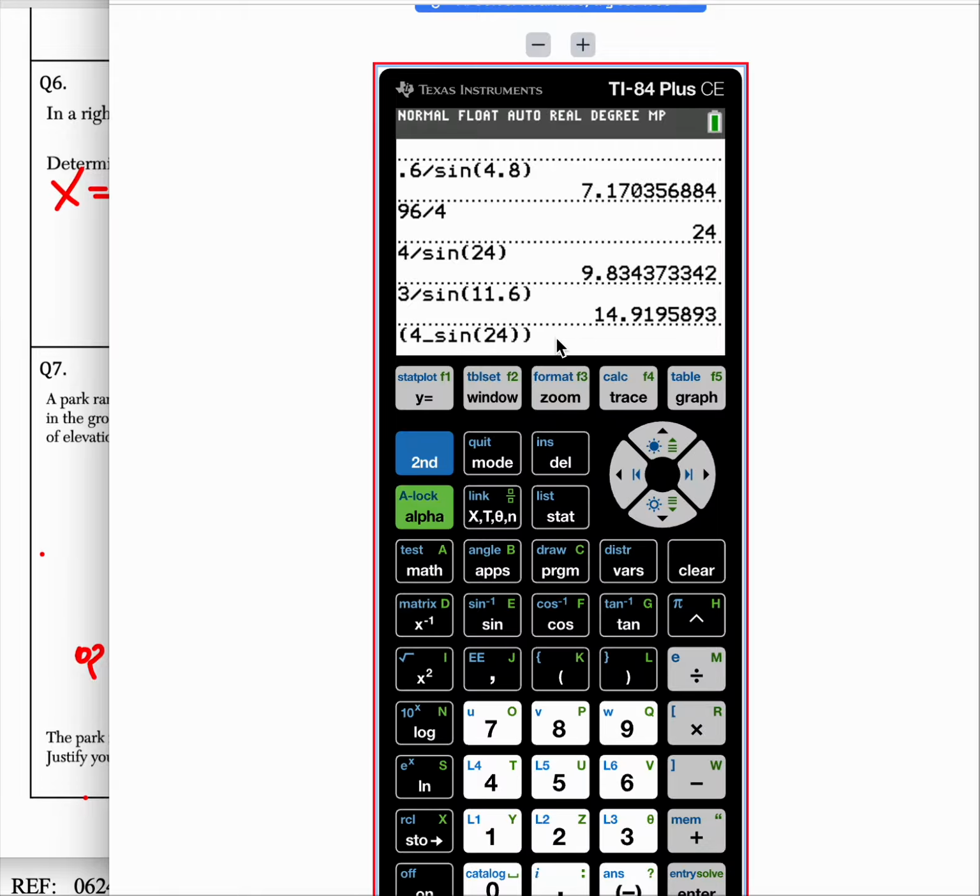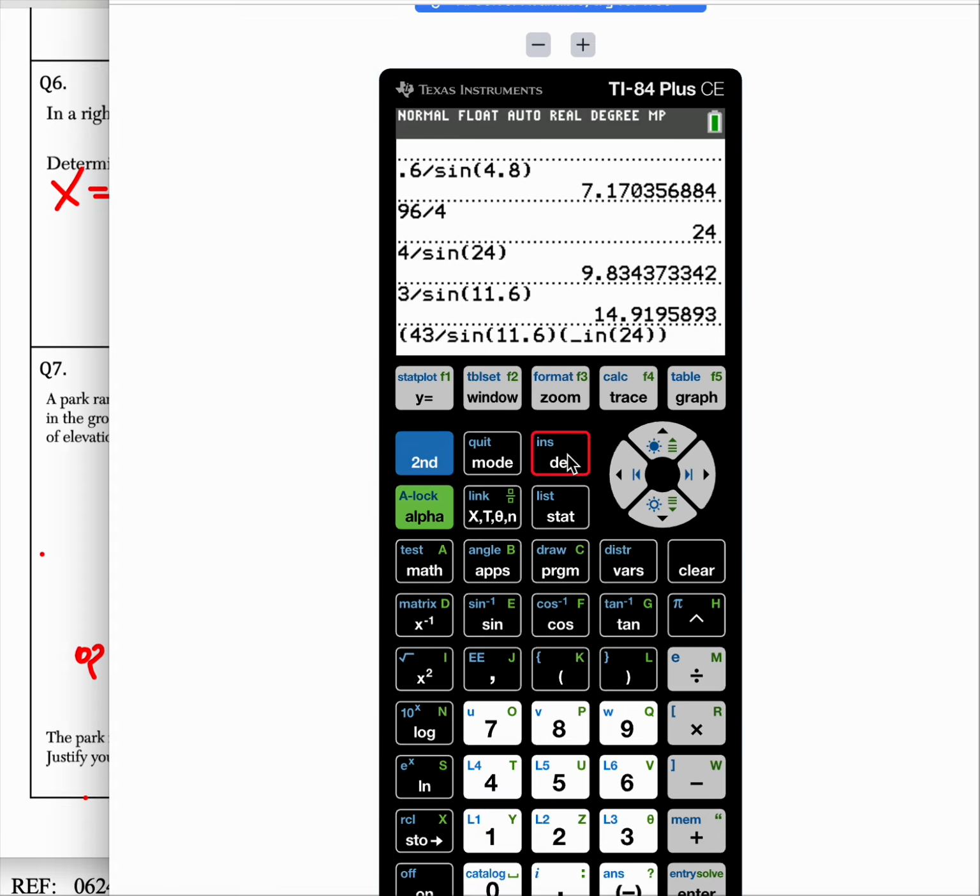That was 4 divided by sine 24, and second, 3 divided by sine 11.6, and I'm not multiplying these, I'm adding them together to see if I have enough.